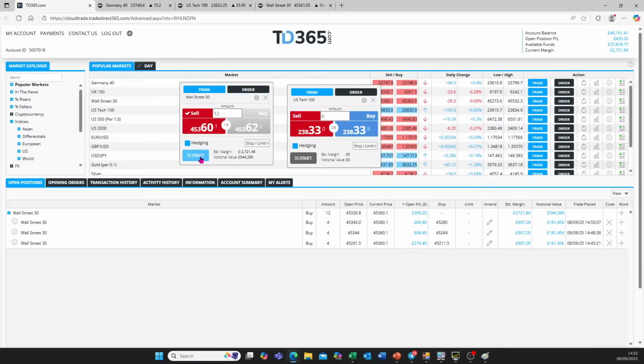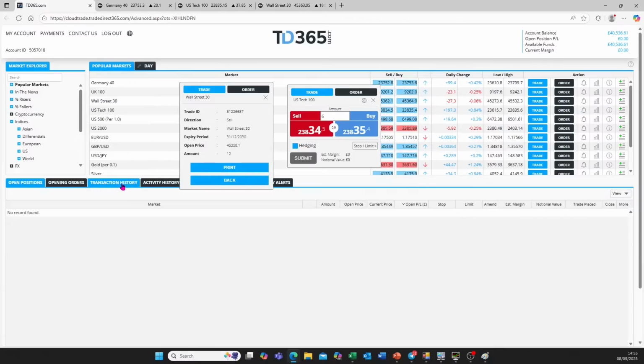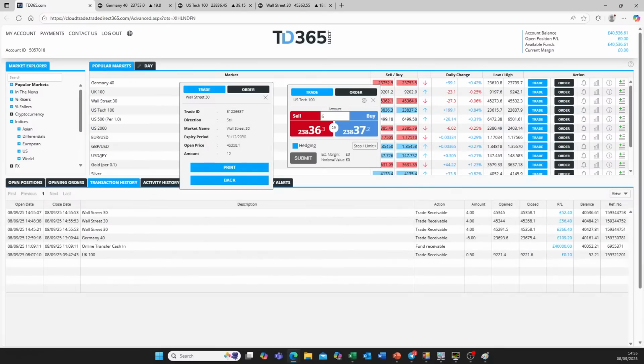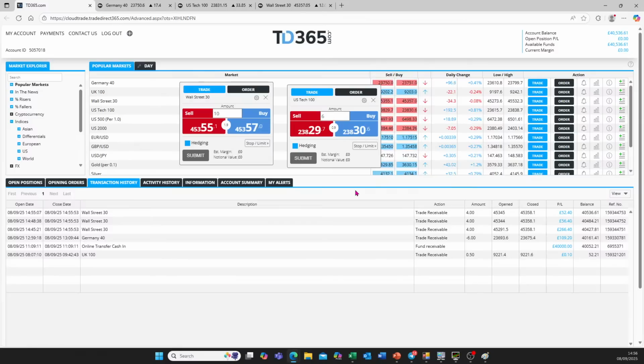I'm taking profit in the Dow. Just bear with me 1 second. Just going to take a 2-minute break until the completion of the second 15-minute chart. There's the score. My entry is 291, 344, 345, and exit at 358.